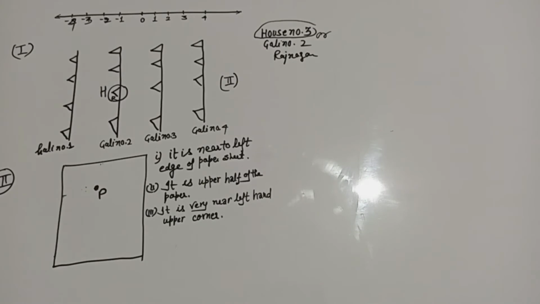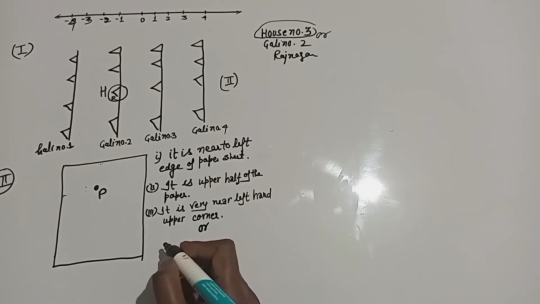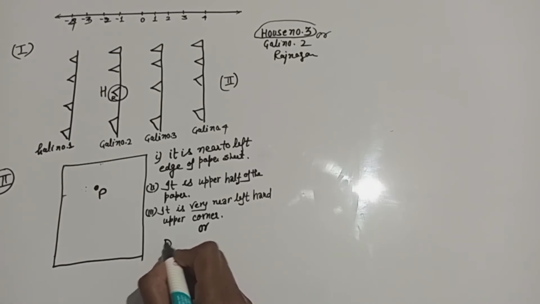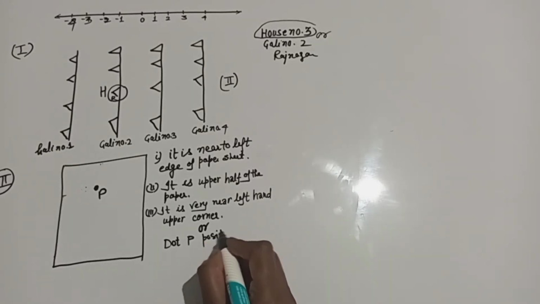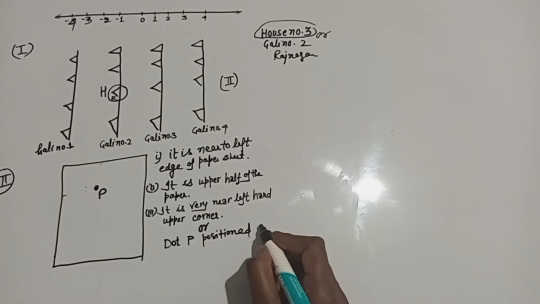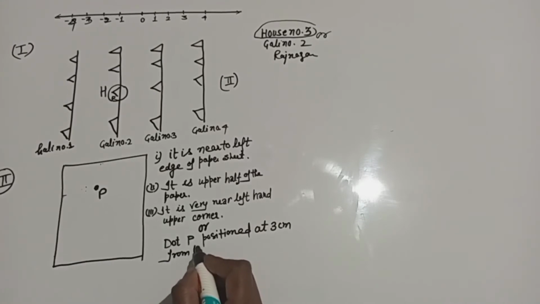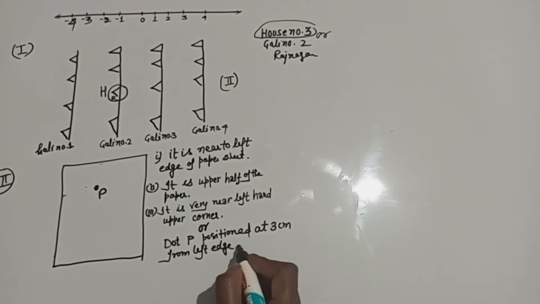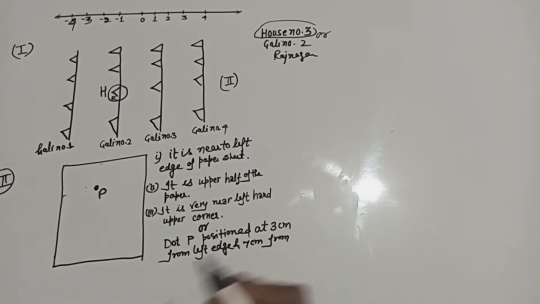So let us say precisely that the point, dot P, is positioned at 3 centimeter from the left edge and 7 centimeter from the bottom line.